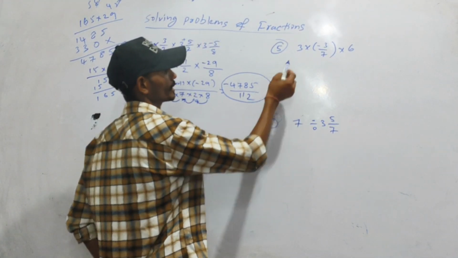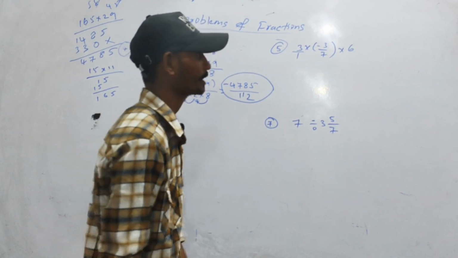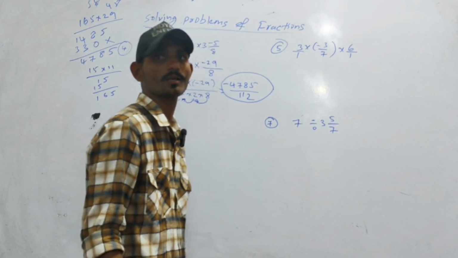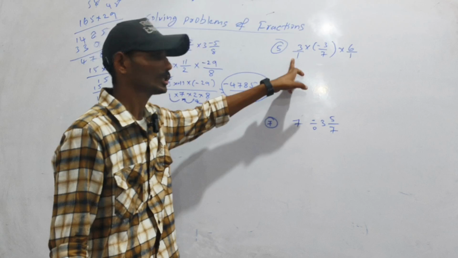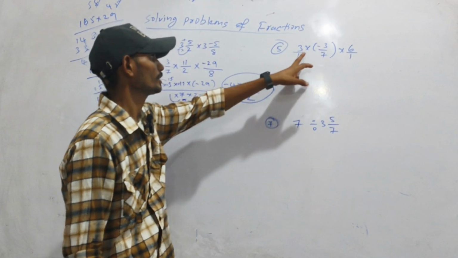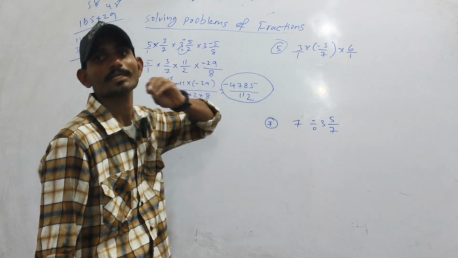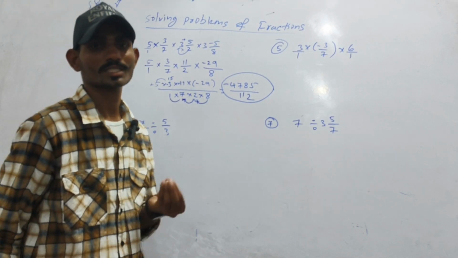In the next problem, if there is no number appearing in the denominator, then you take it as 1, because it is in a by b form, so it should be maintained in a by b form. Where there is no denominator, you should take that as 1. Now in multiplication of fractions, what is the rule?